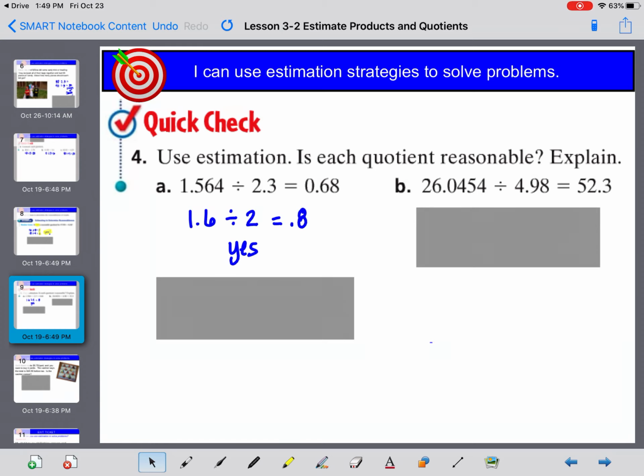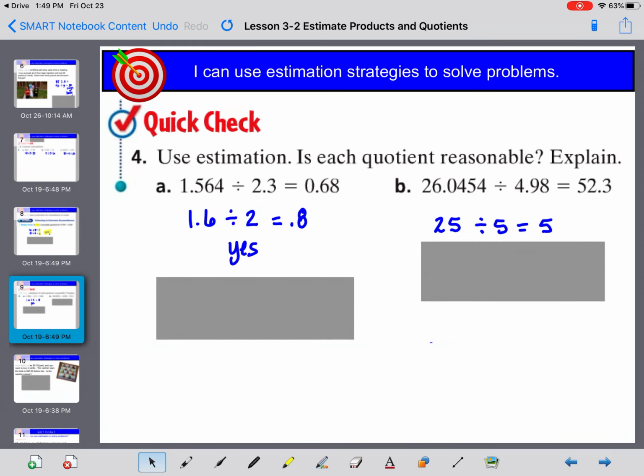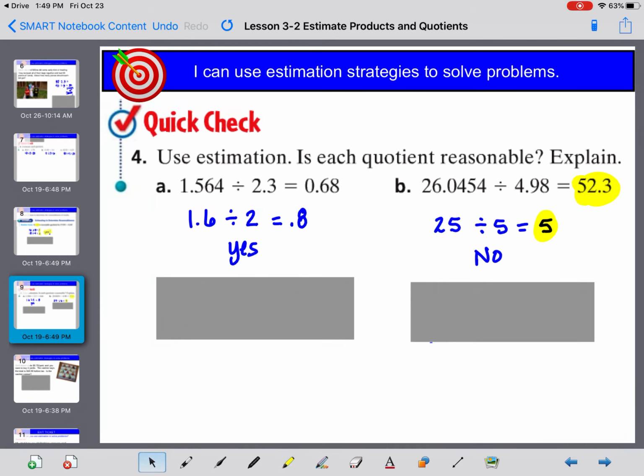In B, the compatible numbers I chose were 25 divided by 5. I got the answer of 5. 5 is nowhere close to 52 and 3/10, so no, 52 and 3/10 is not a reasonable solution to that problem. I need to go back and check my math.